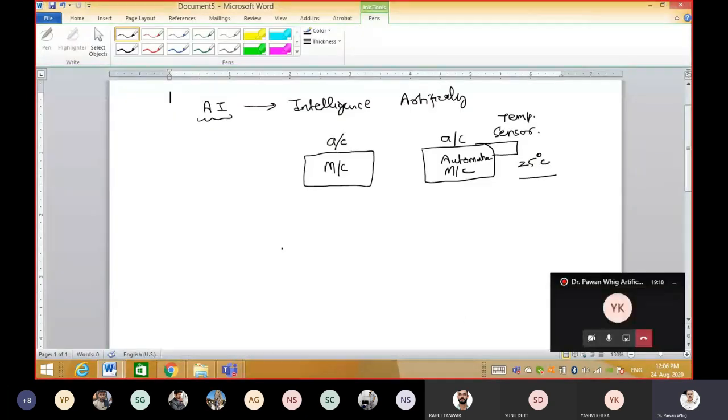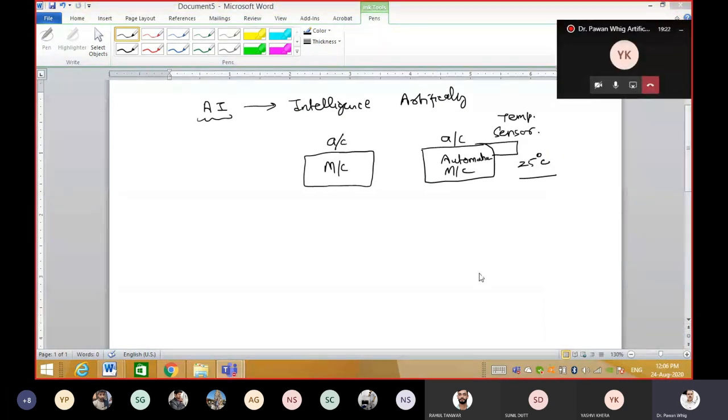In science, in the 11th class, there is a rule that we call Kirchhoff's law, or there is a principle that we call the Wheatstone bridge principle. Now, what is the Wheatstone bridge principle? Can anybody explain?